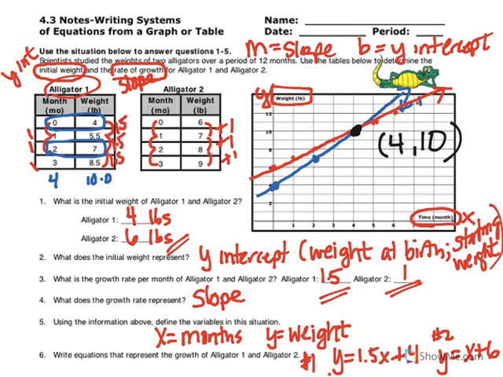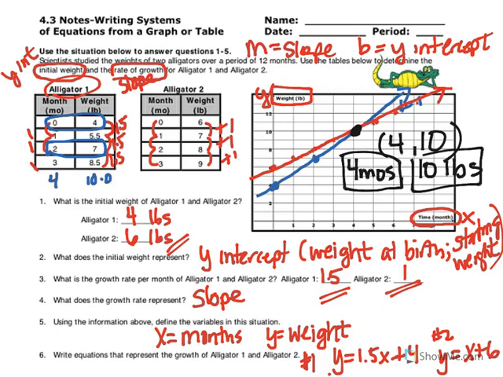Well, what does that represent? It just means that when the alligators were 4 months old, they were both 10 pounds. That's the time when both alligators weighed exactly the same amount at the same time. So at 4 months, they both weighed 10 pounds.